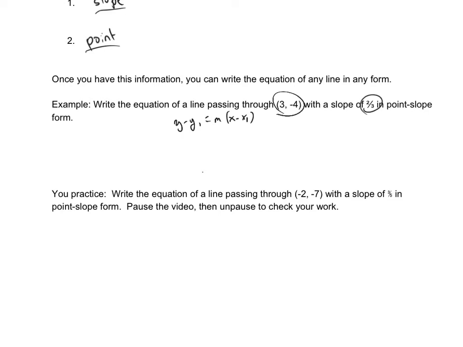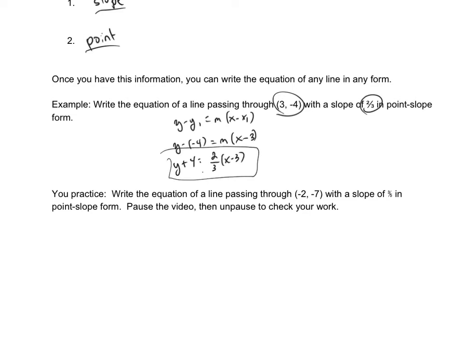So my x1 is 3, and my y1 is -4. So I'm just going to plug the numbers in. Oops, I forgot to put in my slope, didn't I? I'll do that in the next step. And literally, that is the equation of the line in point-slope form.